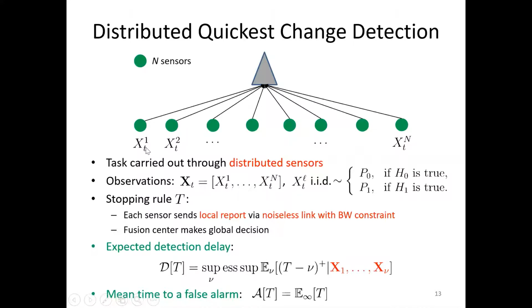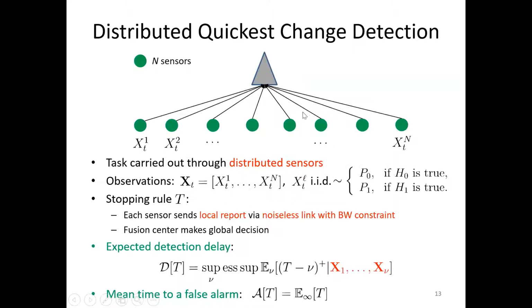In the first part, each sensor has its local rule, and then they can feed back their report to the fusion center via a noiseless link. But the links may be subject to a bandwidth constraint. The fusion center will make the global decision based on the local reports it has received.